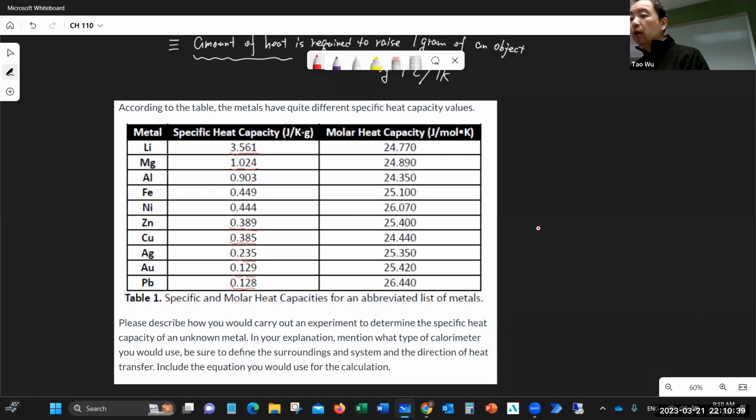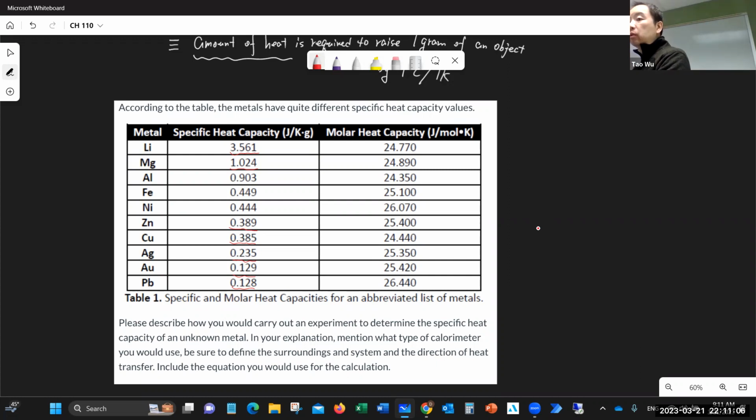So what is the meaning of those specific heat? The unit, if you see, is joule per gram per K, which means if I raise up 1 Celsius of 1 gram of lead, I just need 0.128 joule of energy.